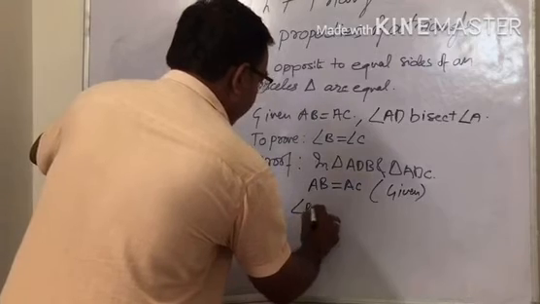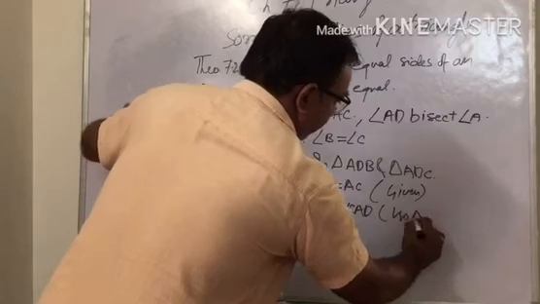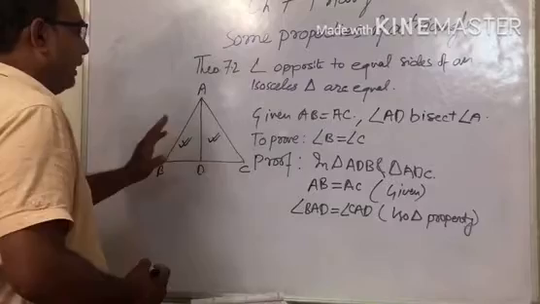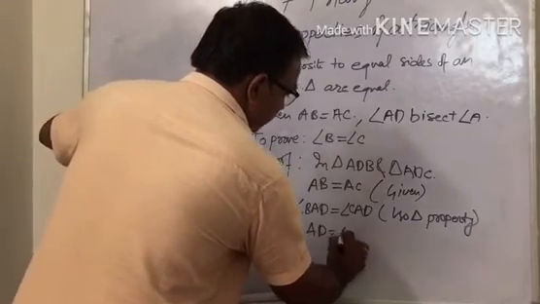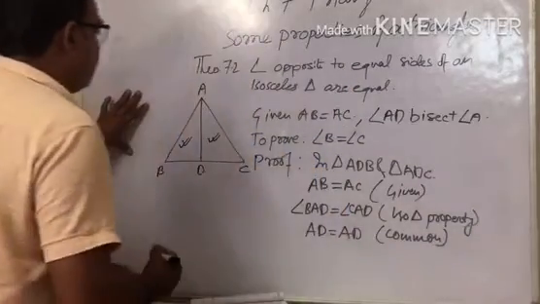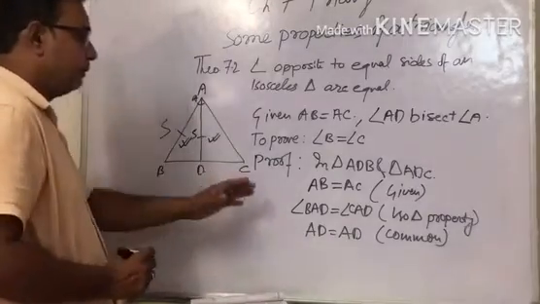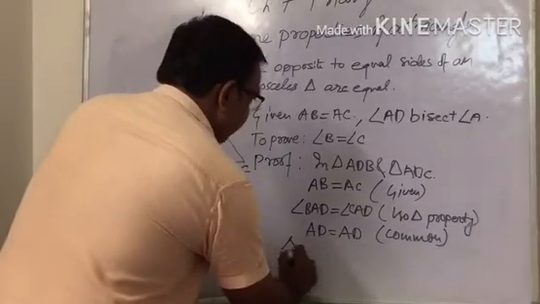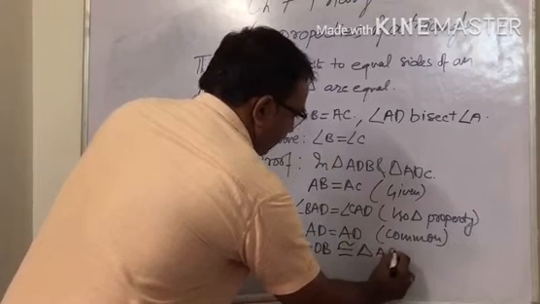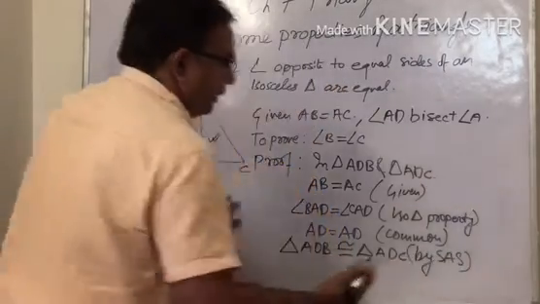Now angle BAD is equal to angle CAD. This is an isosceles triangle property. And then AD is common. So now see, side, angle, side. Now the triangle ADB is congruent to triangle ADC by SAS congruence condition.